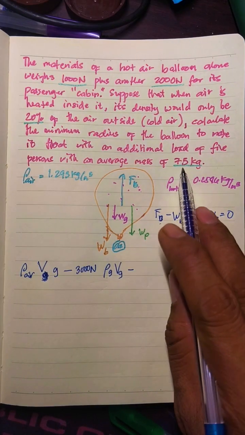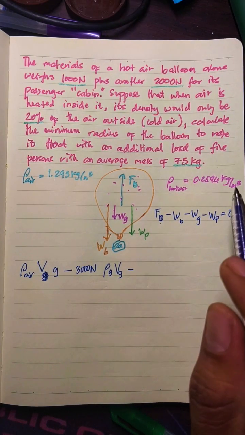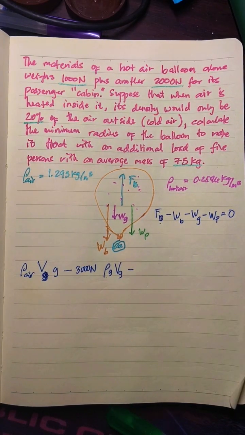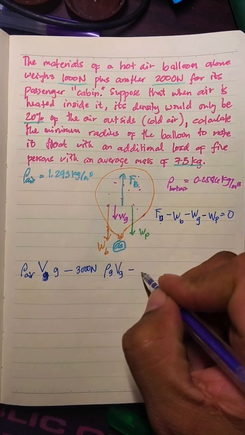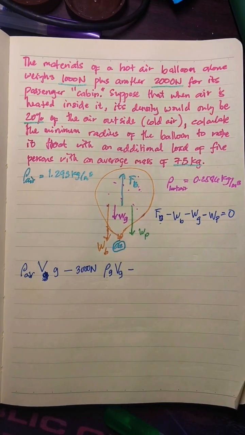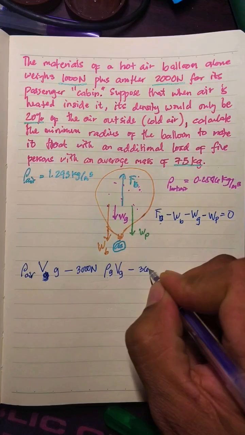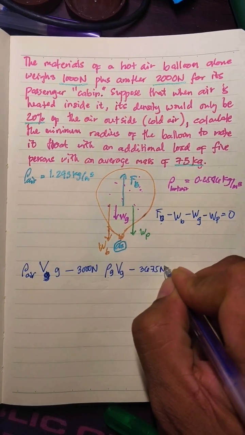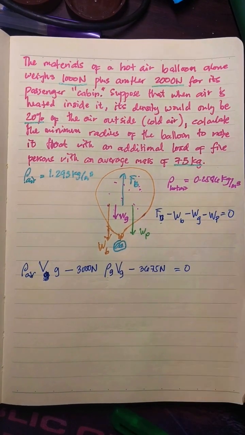So that would give us 75 times 5, which is 375 kilograms, times 9.8, 3675 newtons, and this is equal to 0.